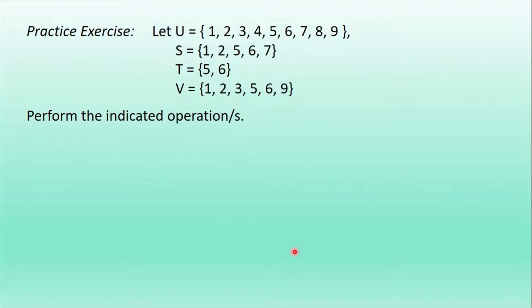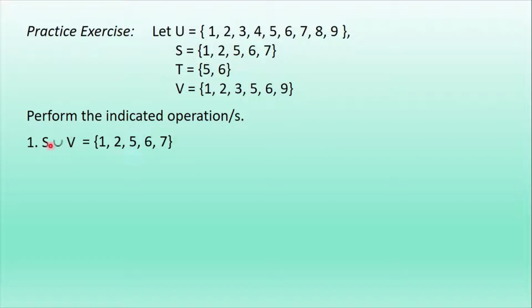Now let's proceed to this practice exercise. Suppose we have the universal set from 1 to 9 and its subsets are the following sets S, T, and V. So we have to perform the operations indicated. So first, we have to find the union of sets S and V. So we just have to combine all the elements of this, okay?